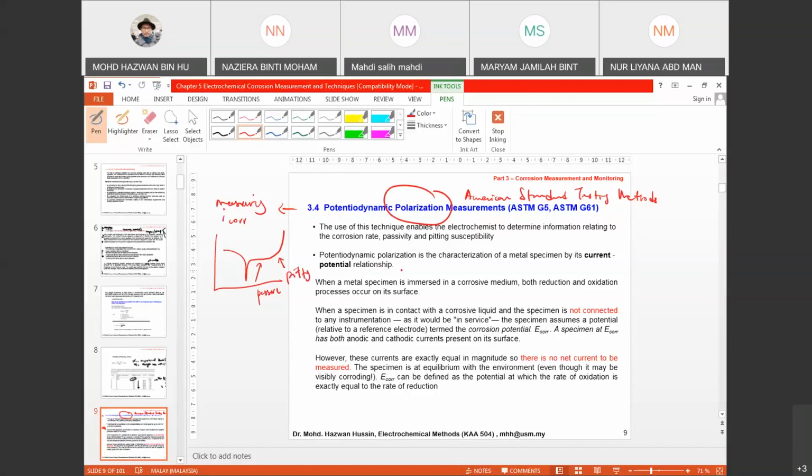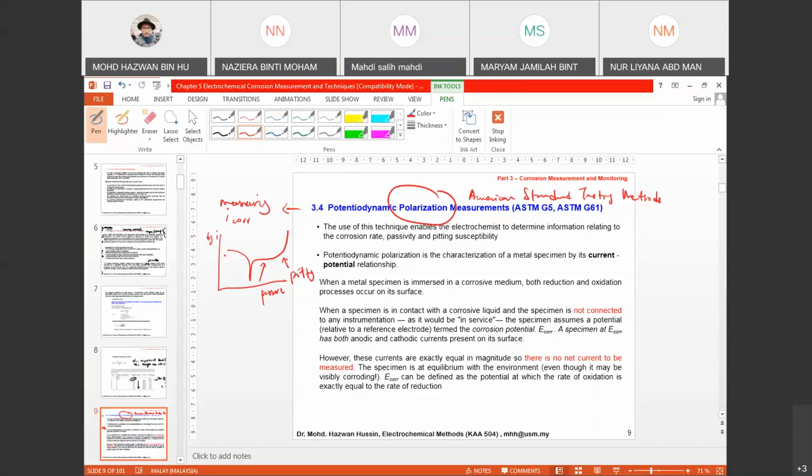Potentiodynamic polarization is the characterization of a metal specimen by its current to potential relationship. This is why over here you will see that the plot is log i versus potential. When a metal specimen is immersed in a corrosive medium, both reduction and oxidation processes occur on the surface. When a specimen is in contact with a corrosive liquid and is not connected to any instrument, it assumes a potential relative to the reference electrode, termed the corrosion potential.